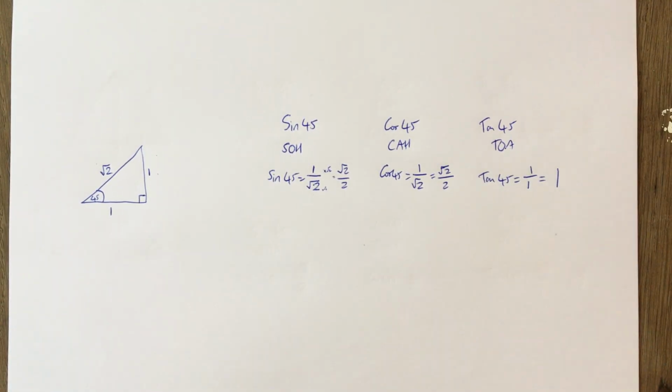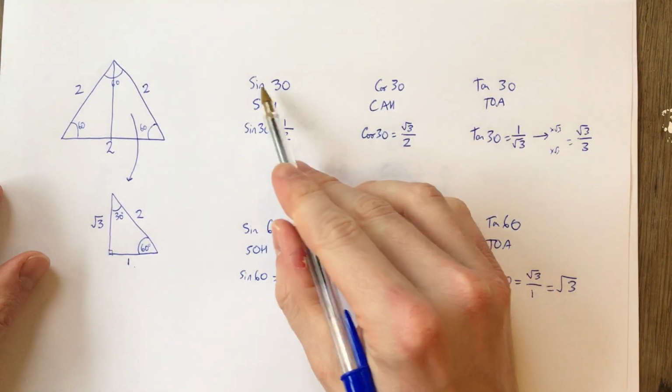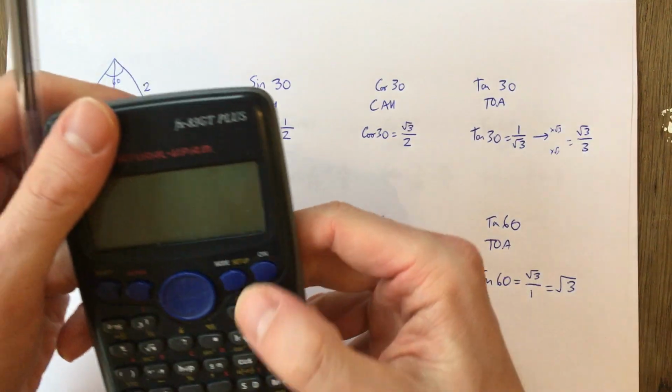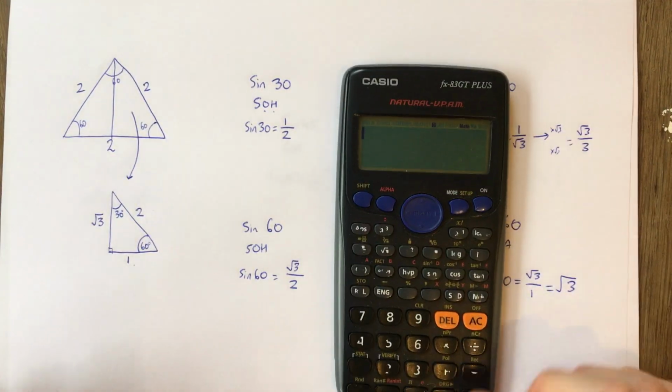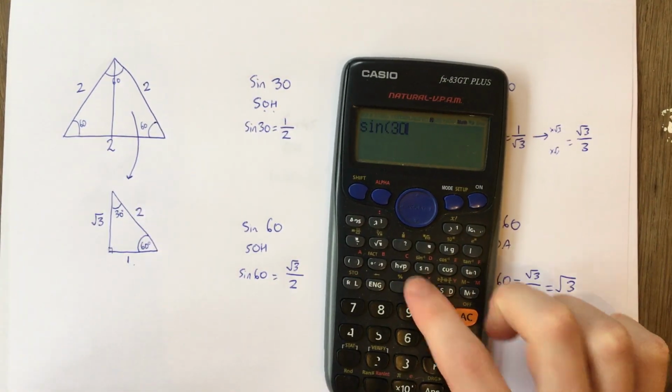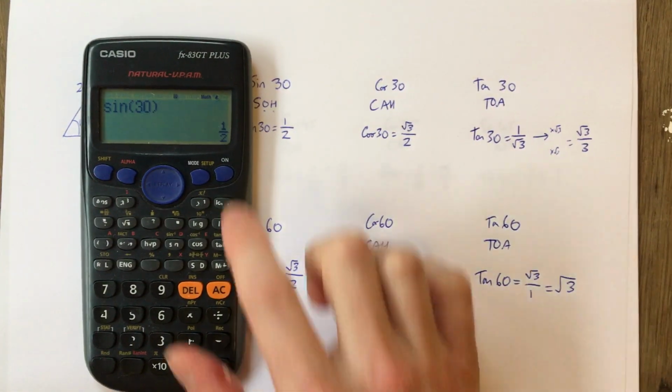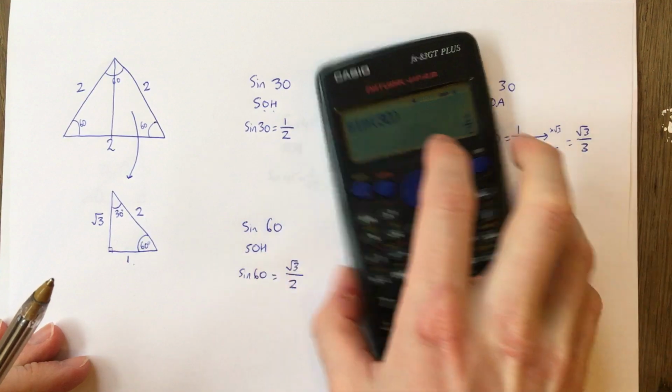So what we have done is we have worked out, by using the two triangles that I've chosen here on purpose, what the actual value of sin 30 was. Now I just want to be clear, because a few of you might be looking at this video being like, what's this man talking about? Sin 30, I don't know if you can see it in the calculator, equals a half. That's exactly that.